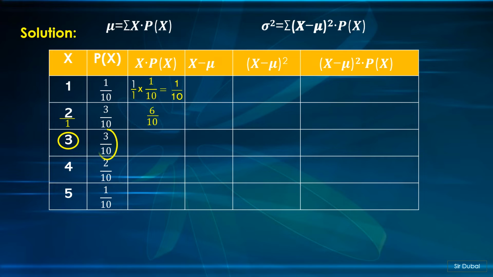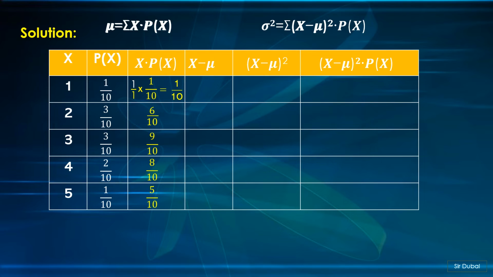For the next row, we have 3 times 3 over 10 is equal to 9 over 10. So in here, I directly solve the problem using the same process that we have above. Then for the next row, we have 4 times 2 over 10 is equal to 8 over 10. And lastly, we have 5 times 1 over 10 is equal to 5 over 10.